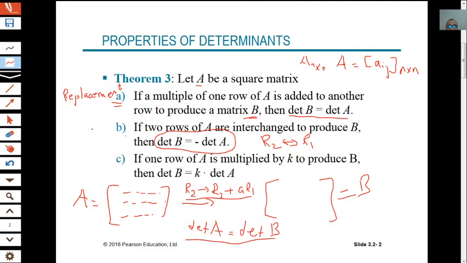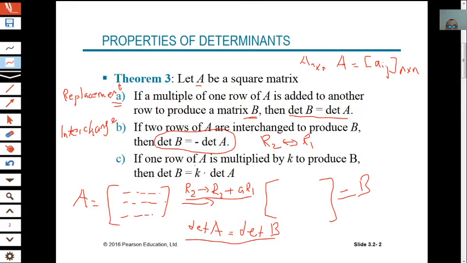When we apply the second row operation, interchange, the determinant changes. We have the negative determinant of the previous matrix.